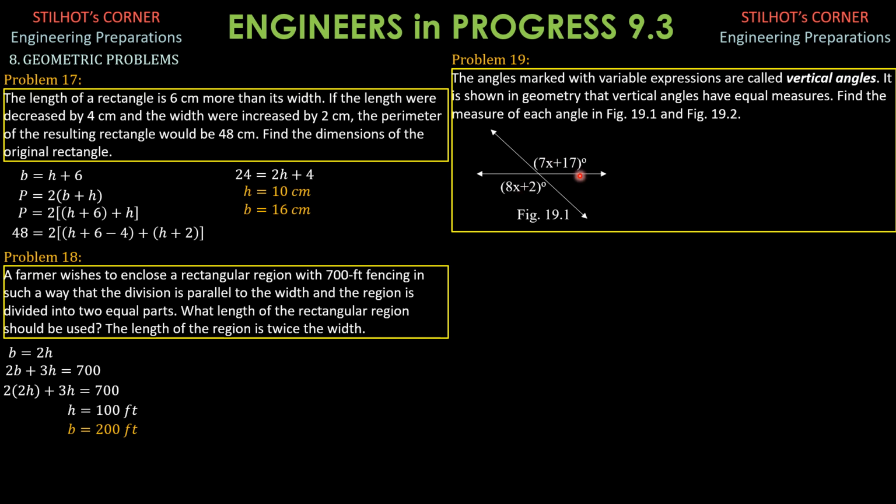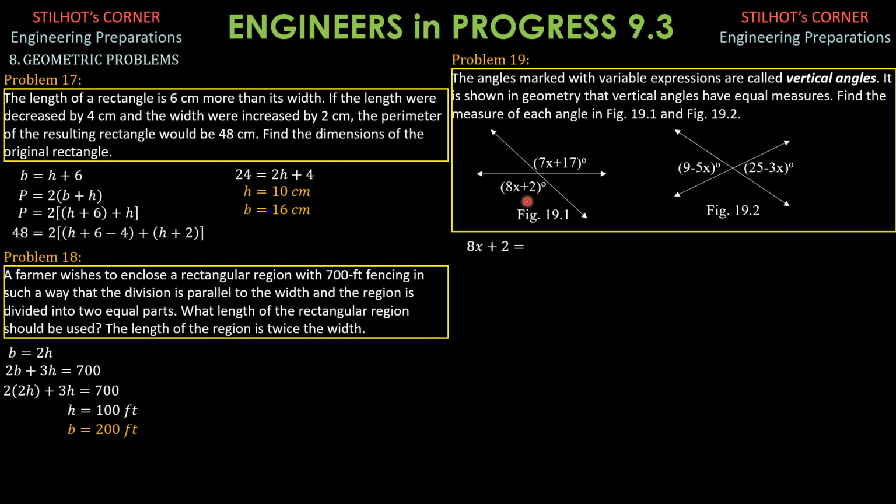So these are called vertical angles and they are equal. And in figure 19.2, these are the vertical angles which are equal. Even if you don't have an idea, I hope that you know that vertical angles are equal. These two are also equal because we call these vertical angles.